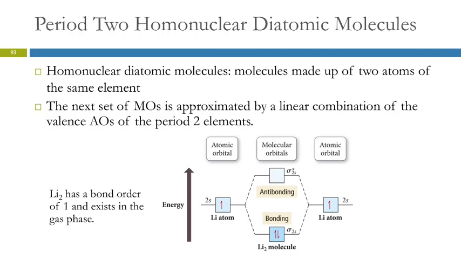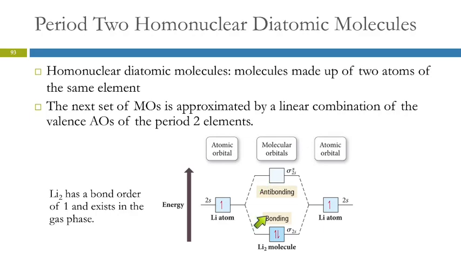So let's look at lithium. So here's a lithium atom, and here's a lithium atom. We are in the second principal quantum level now for our valence electrons, but lithium only has 1 electron in a 2s orbital, right? So when we combine 2s and 2s, we get a sigma 2s and a sigma star 2s.